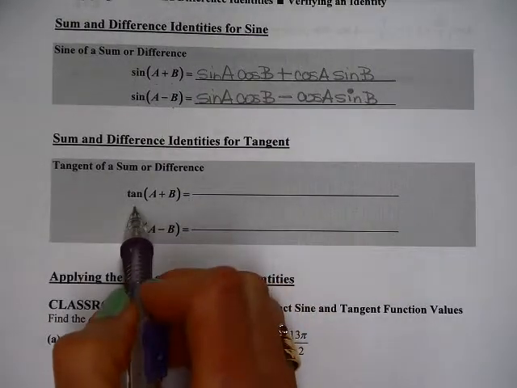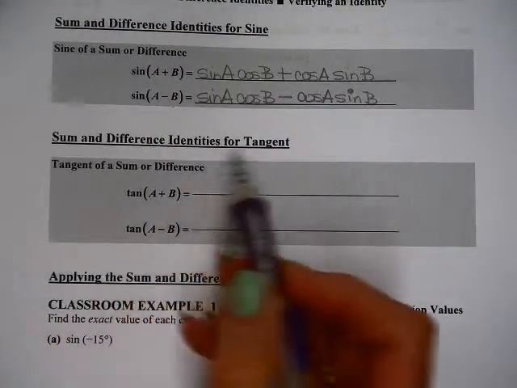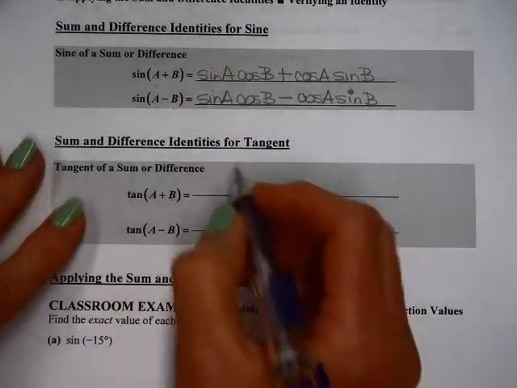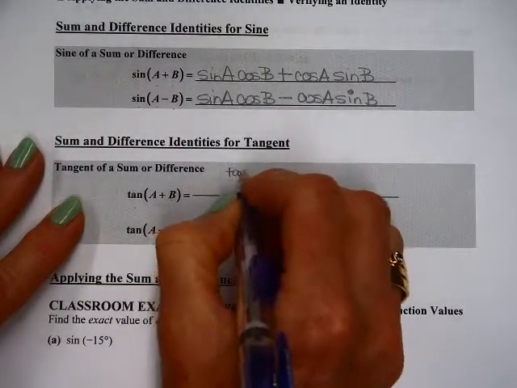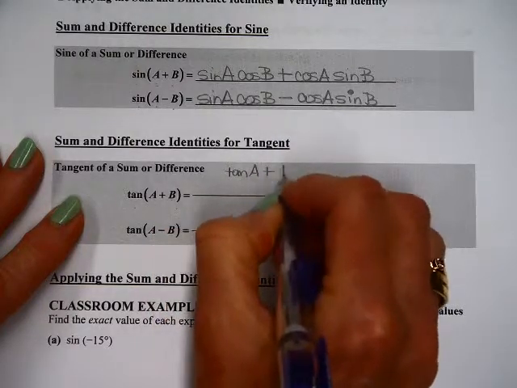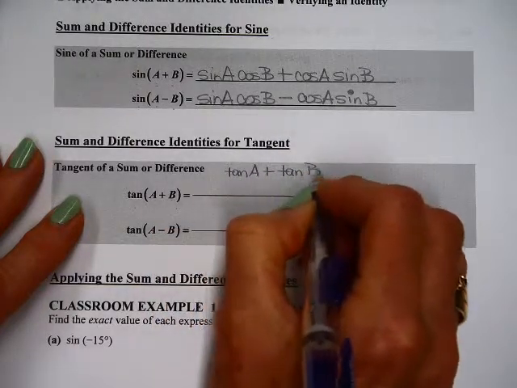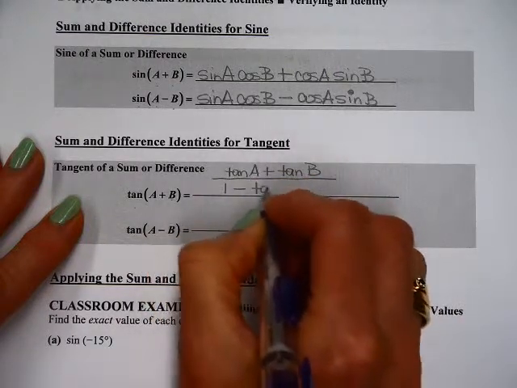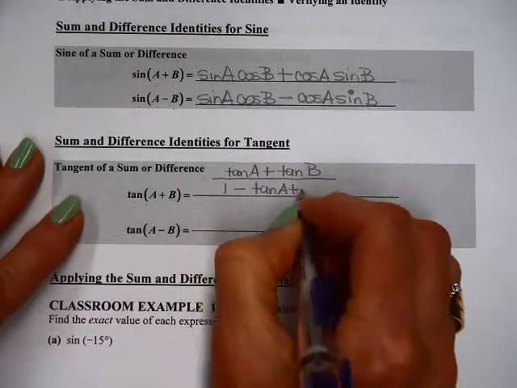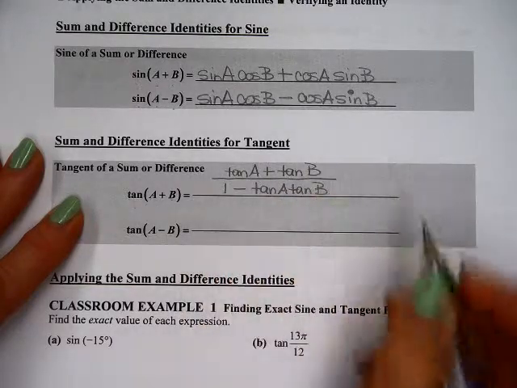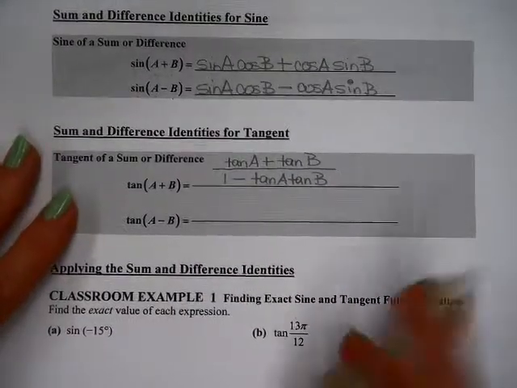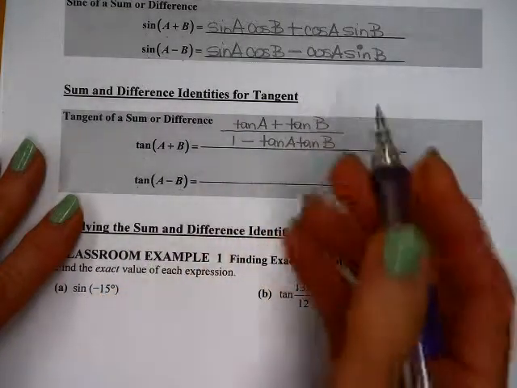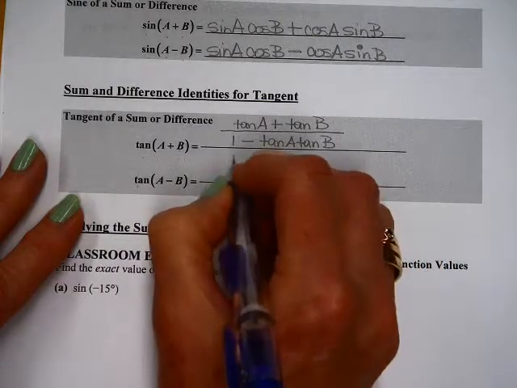All right, then for the tangent of A plus B, these are the more complicated looking ones because they involve a fraction. The tangent of A plus B is the tangent of A plus the tangent of B, divided by 1 minus tangent of A multiplied by the tangent of B. And then for tangent of A minus B, it's the same but the signs will be changed.